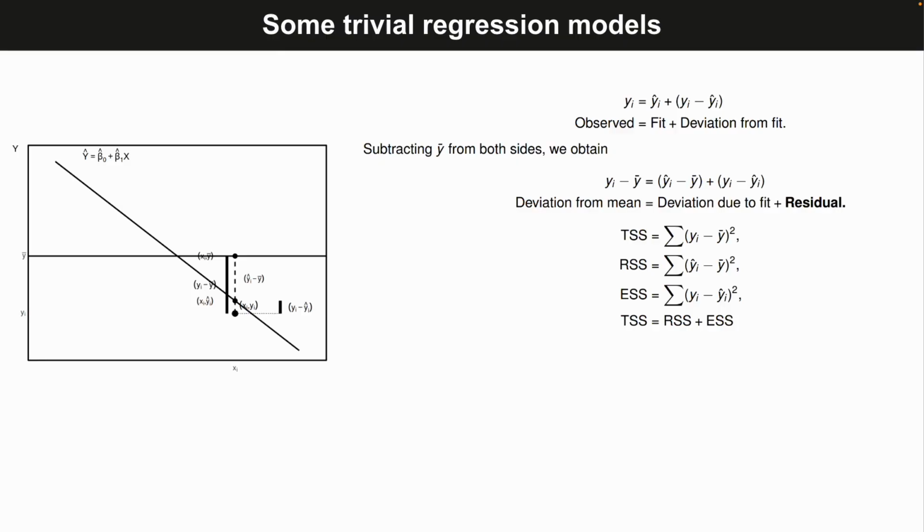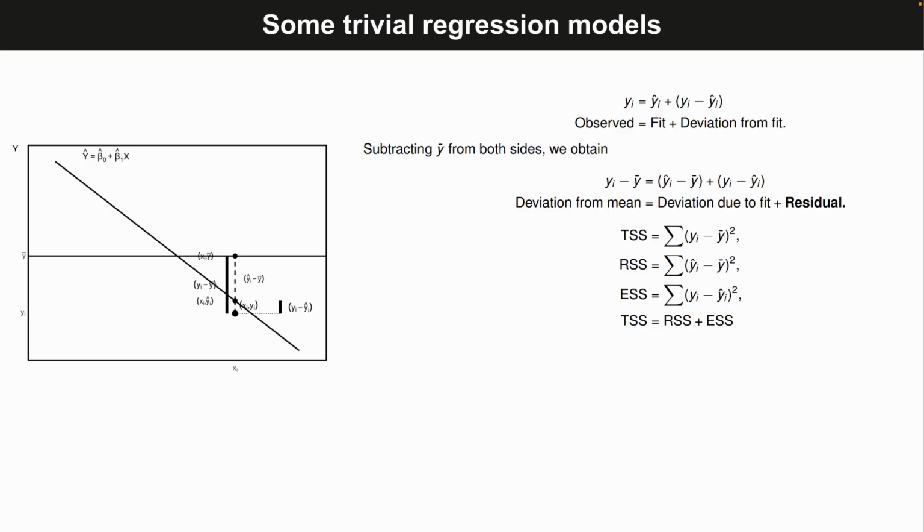Because that is what the model is capturing, and this is what the model is not capturing. Okay. So just to make sure I write this correctly, this is y hat minus y bar, squared. Sorry.